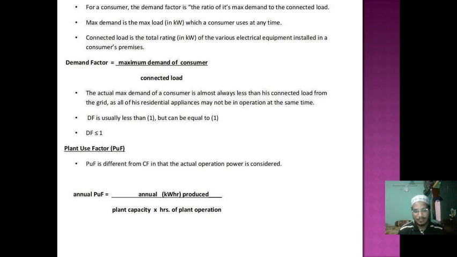How much will the difference be? If we know the difference between the capacity and our annual kilowatt-hour production, then we can proceed to the next year, or else we try to give the consumer power as per the plant capacity value.